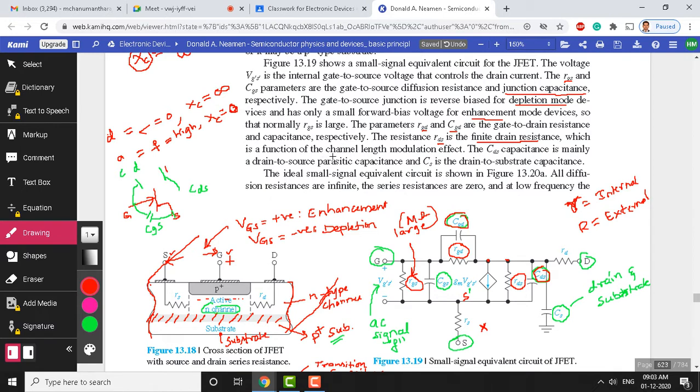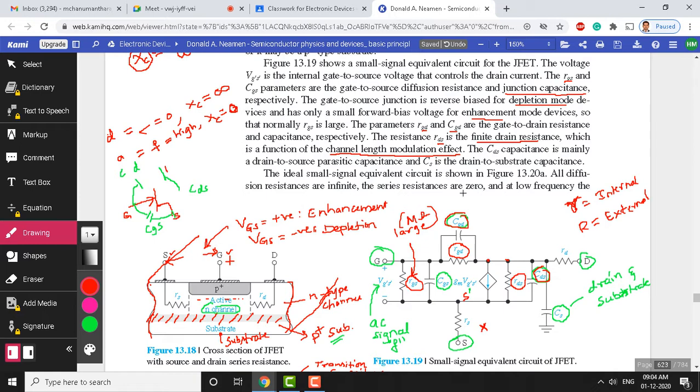Is anybody aware of what we mean by channel length modulation? We have discussed this in JFET operation. Just think about that. What do we mean by channel length modulation? What I am trying to say here is the channel length.